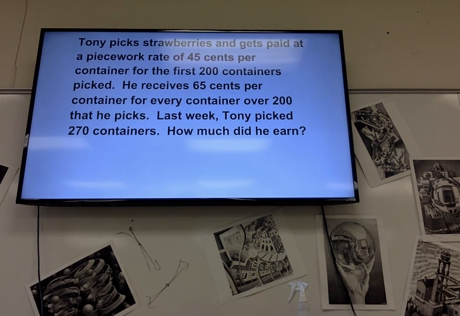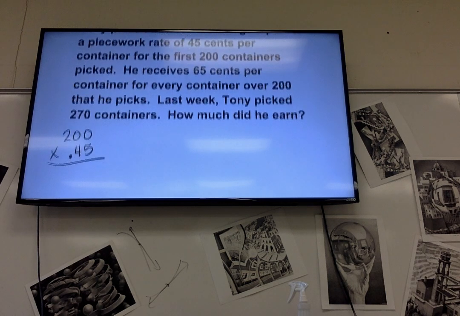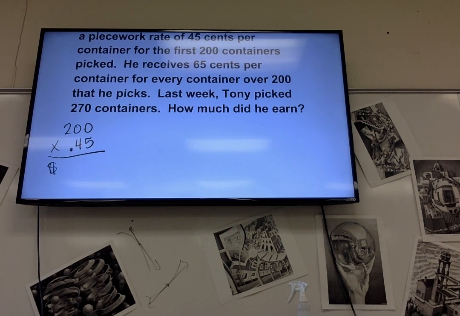So, we know for the first 200, how much does he get? 45 cents. So I'd write that as 0.45. What do we get? $90.